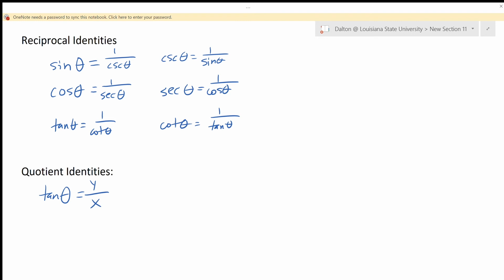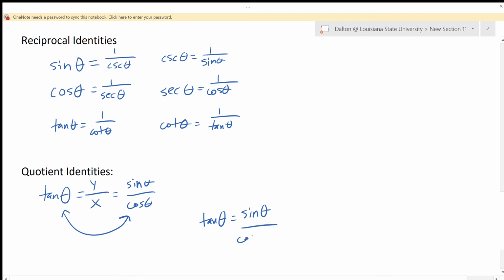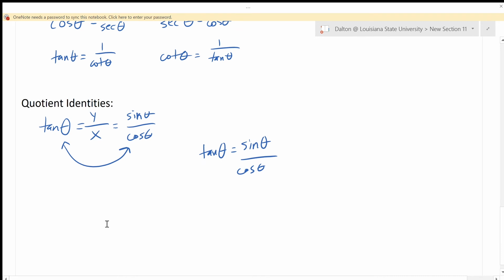How else can I rewrite this? Yeah, sine of theta over cosine of theta. So then if you just skip this middle step, then we found our first quotient identity, so you can write this on your orange sheets. The tangent of theta is equal to sine of theta over the cosine of theta. So there's your first quotient identity.